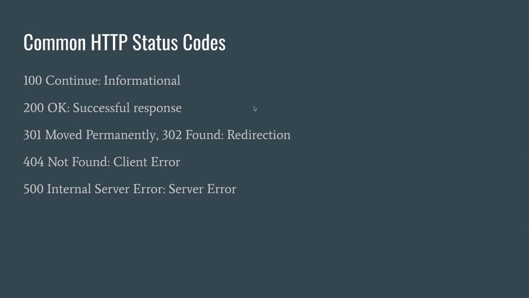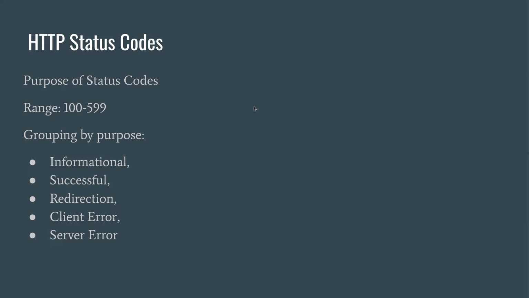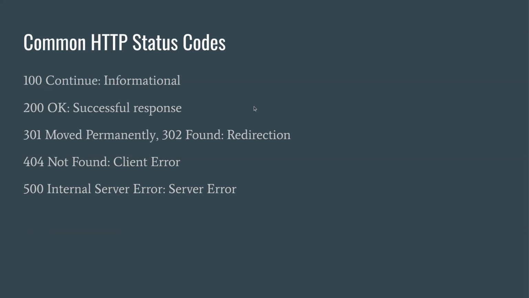We said in the previous slides that status codes are grouped by purpose, and there are some common status codes that you will frequently encounter. I picked 5 of them, and they are 100 continue, which is in the informational group, and 200 okay. You usually get this when you have a successful response, and 301, which is moved permanently, and 302 found.